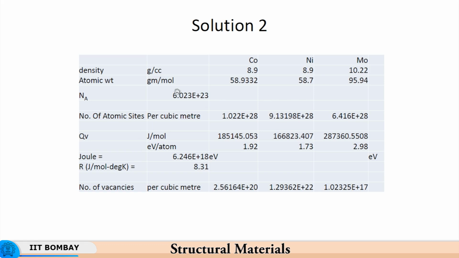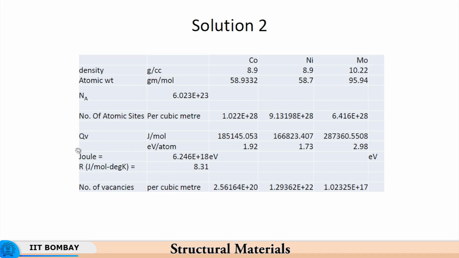This is the Avogadro number Na, and the number of atomic sites per cubic meter, as read off from that particular graph or as given from literature, is 1.022 into 10 to the power 28, and 6.416 into 10 to the power 28 in case of molybdenum.